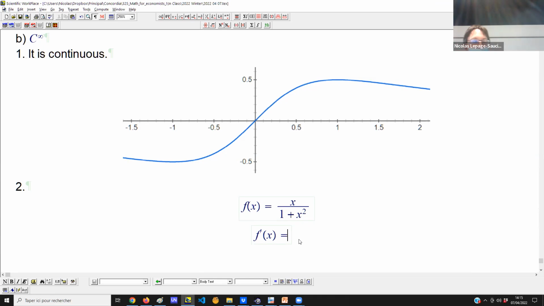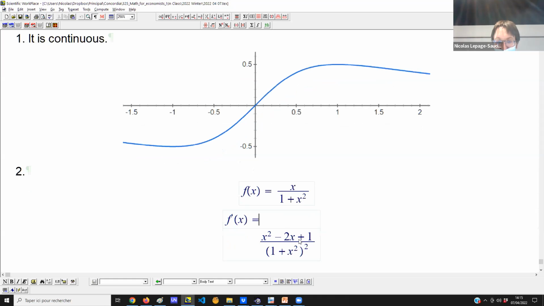Yeah, sure. Is it x squared minus 2x? Possible. So let's try it.